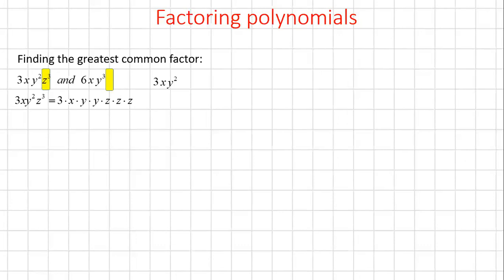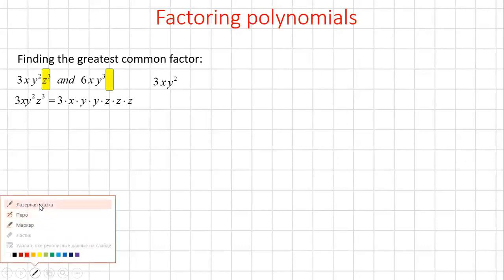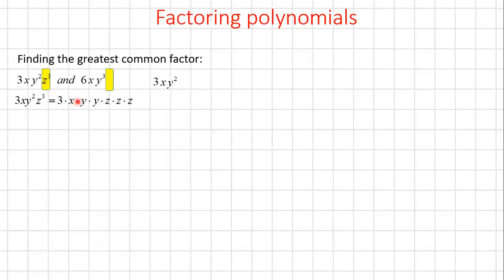Another way to find the greatest common factor is to factorize everything. 3xy squared z cubed, you can write 3 times x times y times y times z cubed, and z cubed is z times z times z. And the second term, 6xy cubed, you can write 6 as 2 times 3, and x, and y cubed is y times y times y.